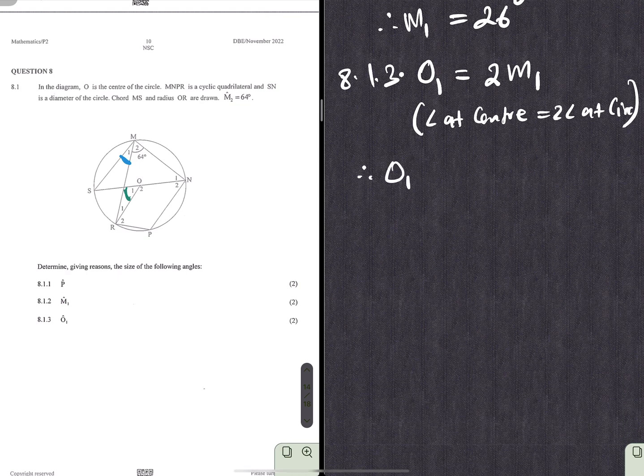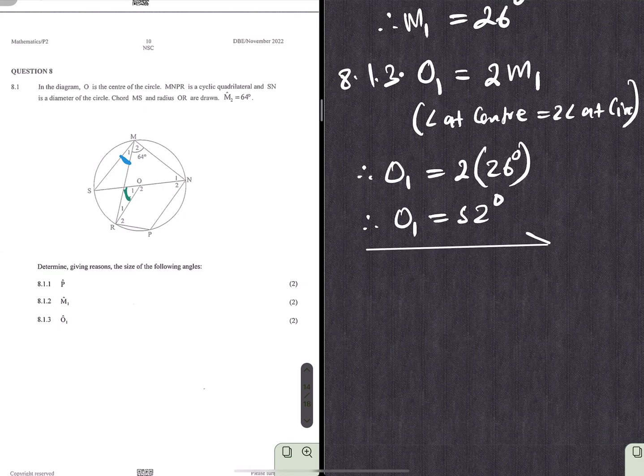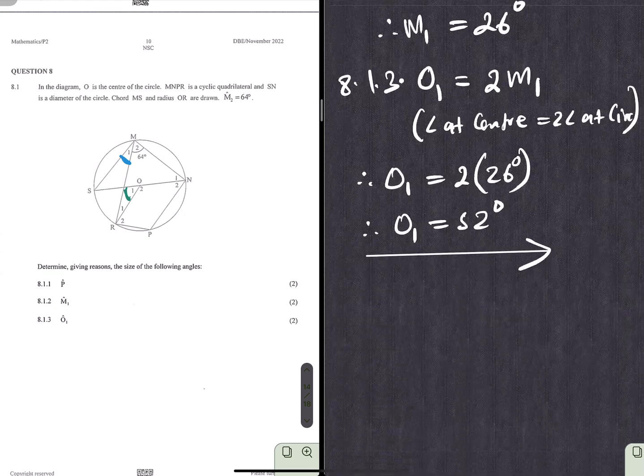Therefore, angle O1 will be twice M1. M1 we got 26 degrees, so if you multiply that, it's going to give you 52 degrees, with the reasons.